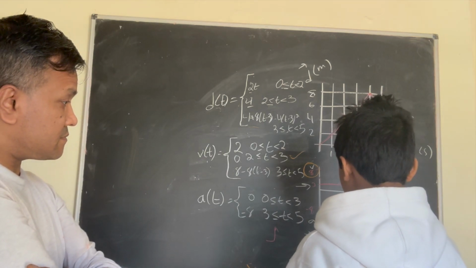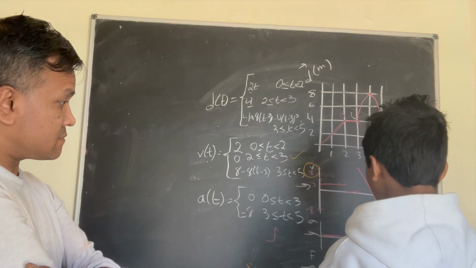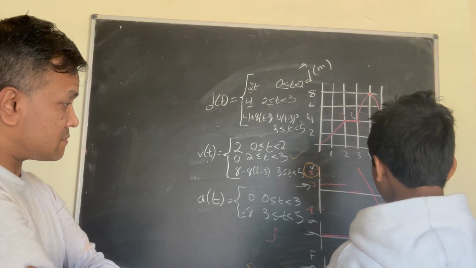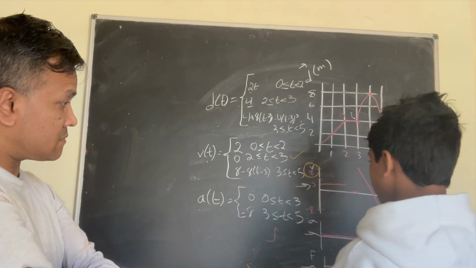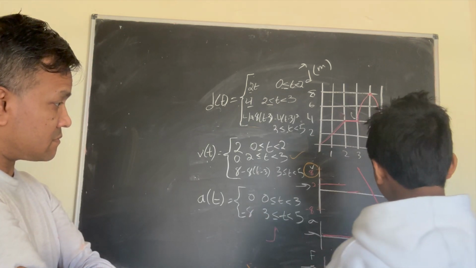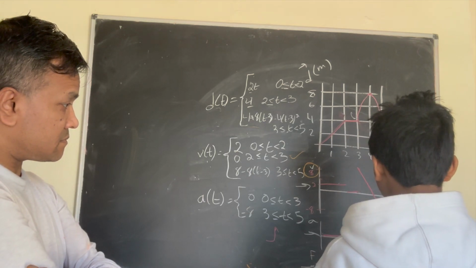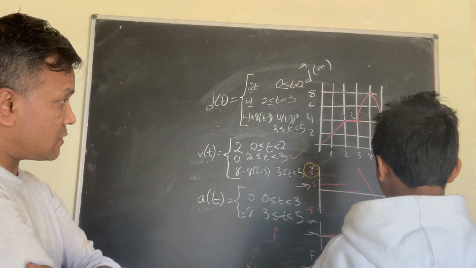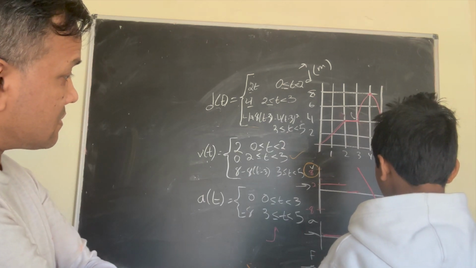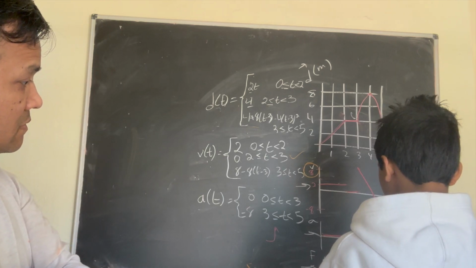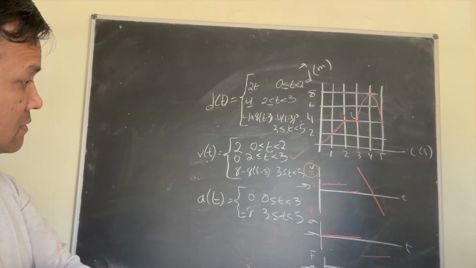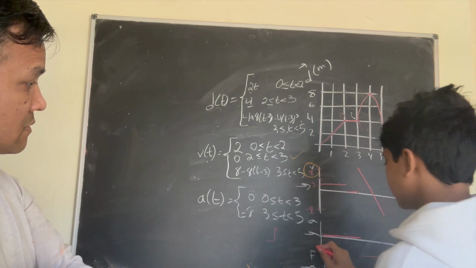So we just have 0 over here. Technically a spike here, but that's not included in the math. Then we have negative acceleration over here, which is negative 8, of course.